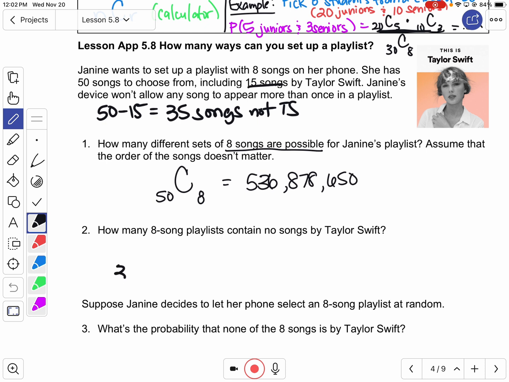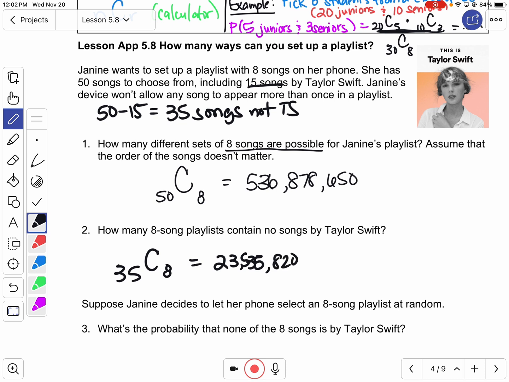So we would do 35 this time, and I'm going to pick 8. I didn't use all of them. I just used the ones that didn't have Taylor in them. That would give me 23,535,820.